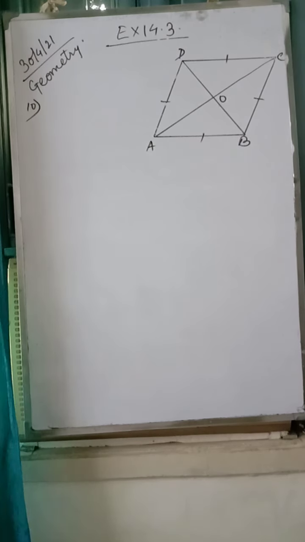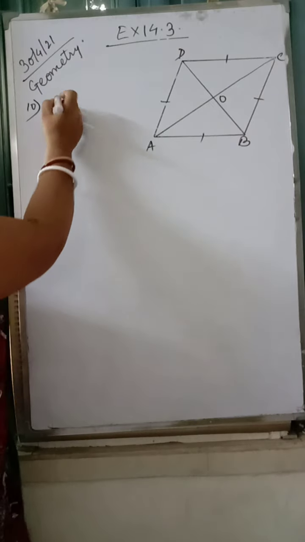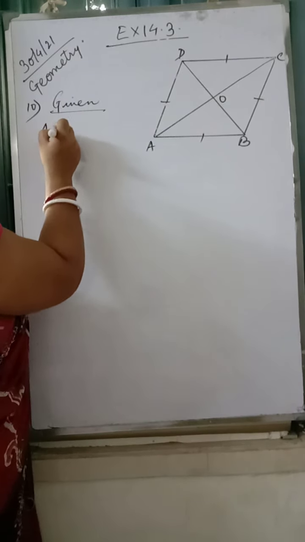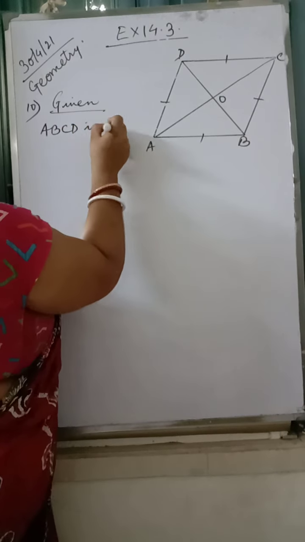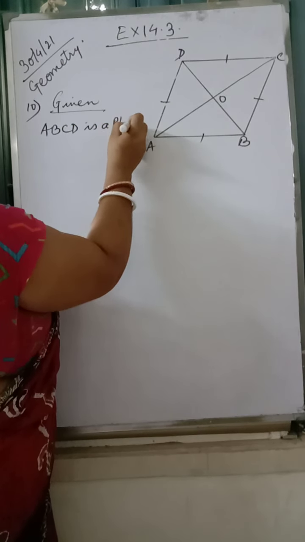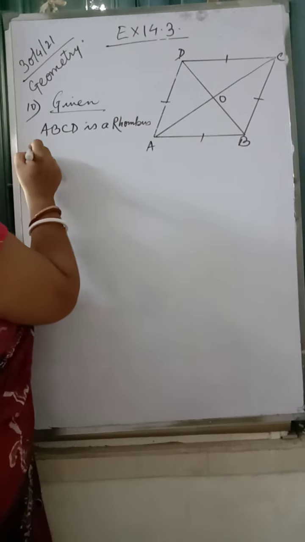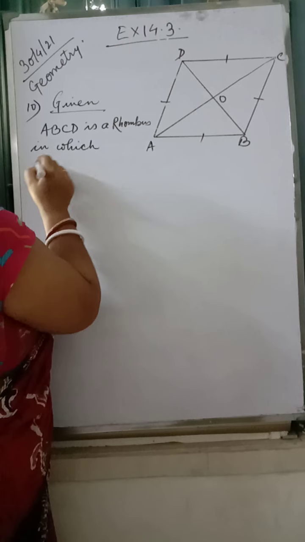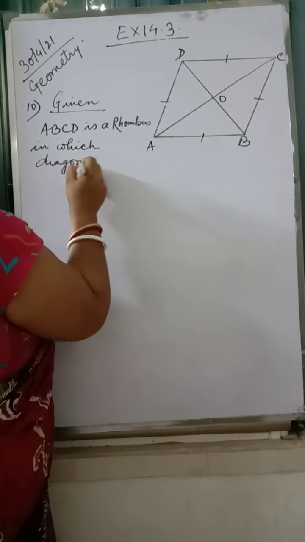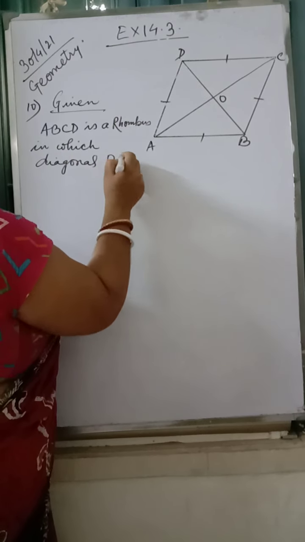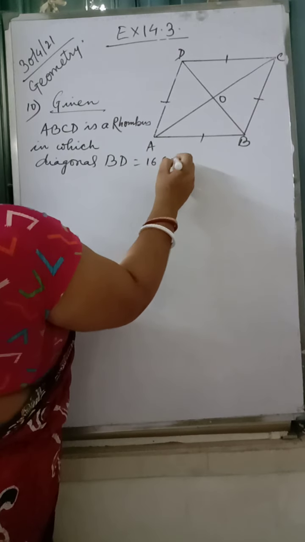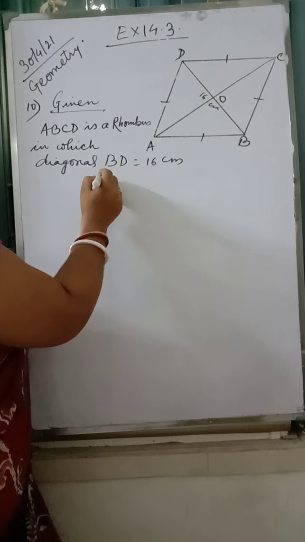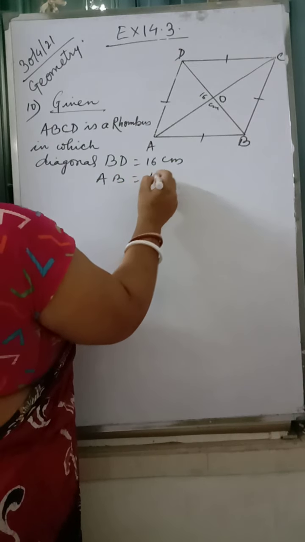Now, given ABCD is a rhombus in which diagonal BD is equal to 16 centimeter, and AB is equal to 10 centimeter.